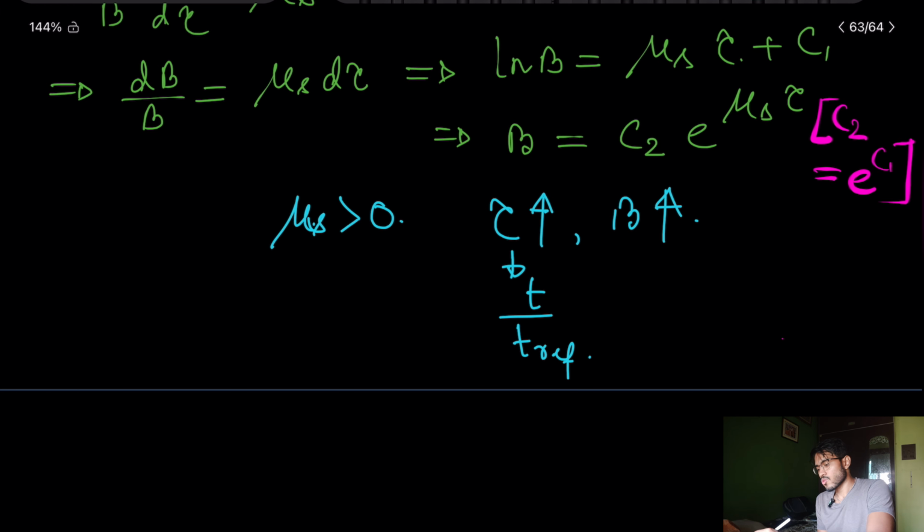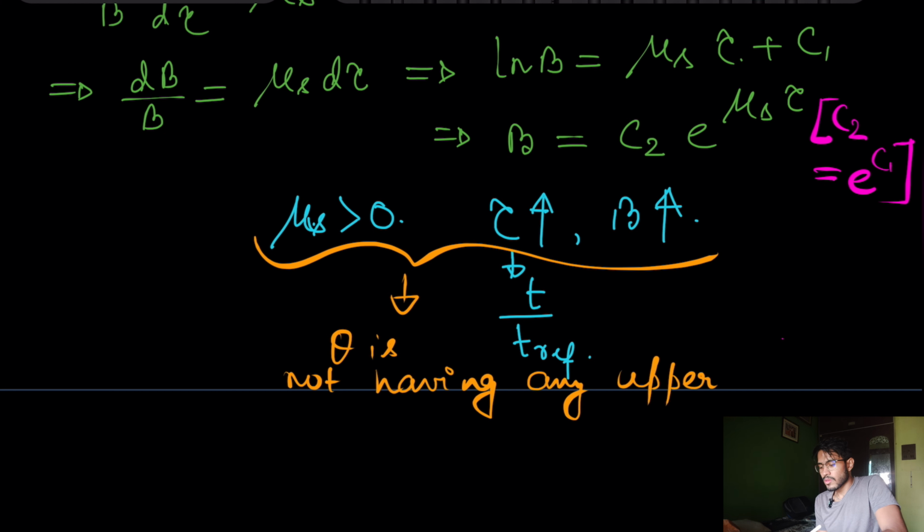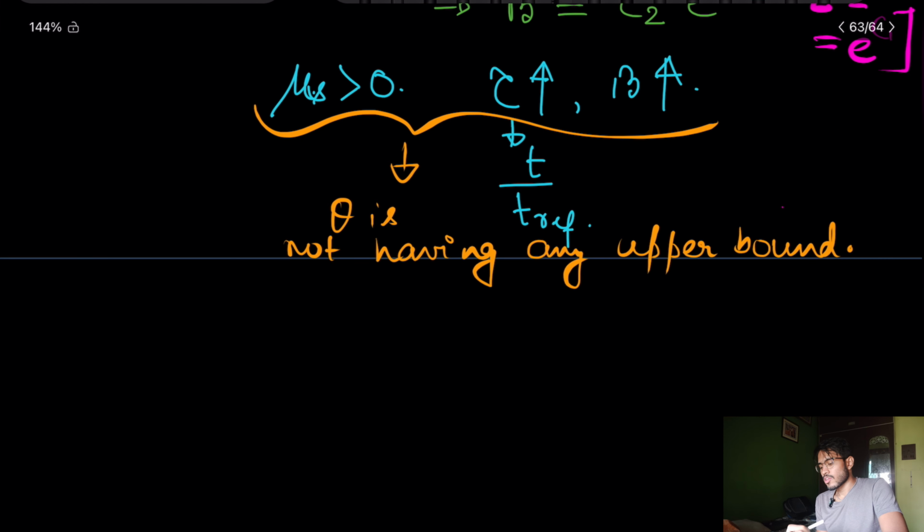So this whole argument means that theta is not having any upper bound. Clear? Okay, so this is unphysical.